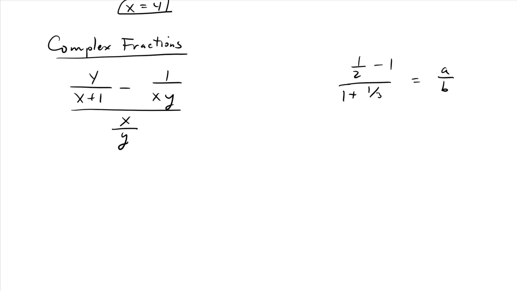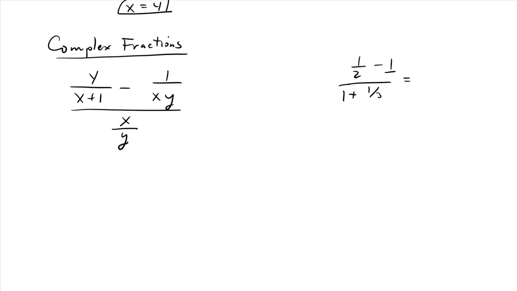One way to do this, to write this as an integer over another integer, is to multiply the top and the bottom by the least common denominator, in order to clear the fractions at the top and at the bottom.